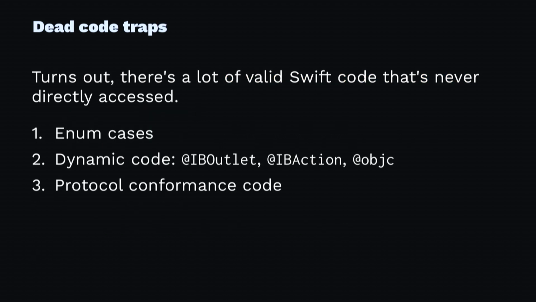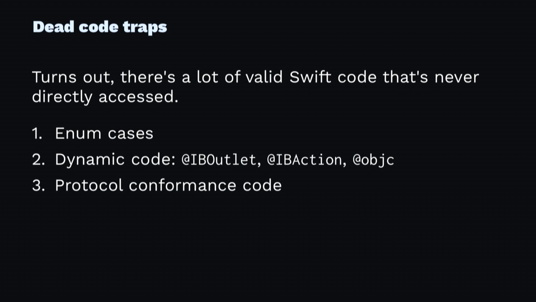And not only that, there's a few more cases where code can be indirectly used. One other example is dynamic code, right? So if you have any code that's only ever used via Interface Builder, IBOutlets, IBActions, @objc methods. Sometimes these are only accessed dynamically, so you have to watch out for that. And then finally, protocol conformance code.